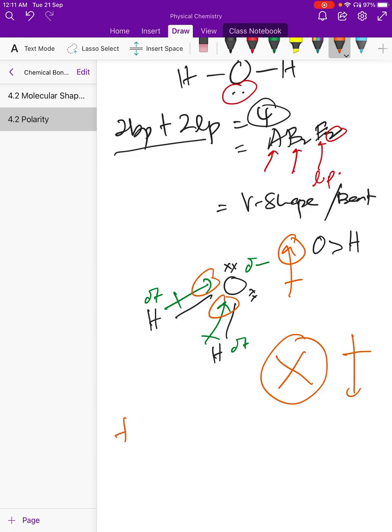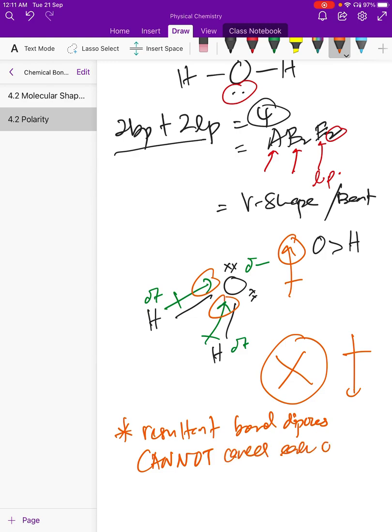Therefore, here we make an important conclusion. The resultant bond dipoles cannot cancel each other. Reason? Very simple. We only have one direction bond dipole. There is no opposite direction bond dipole.